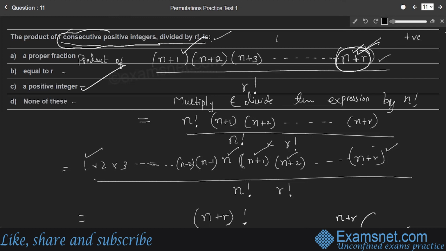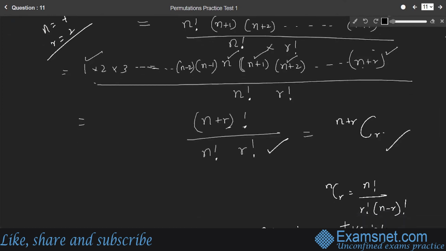You can consider the values of n and r by taking an example, n as 7 and r as 2. Any value you consider, you will get a positive integer. n plus r C r becomes 9C2, so factorial 9 divided by factorial 2 into factorial 9 minus 2, which is factorial 7.